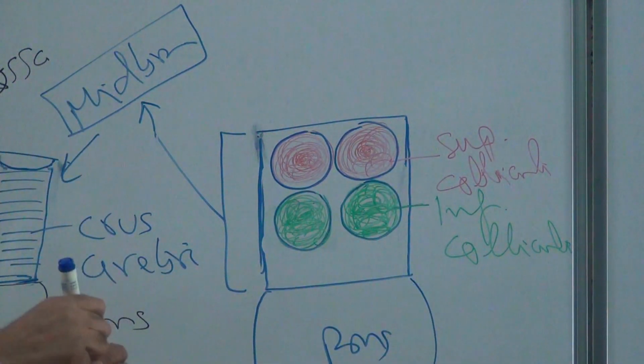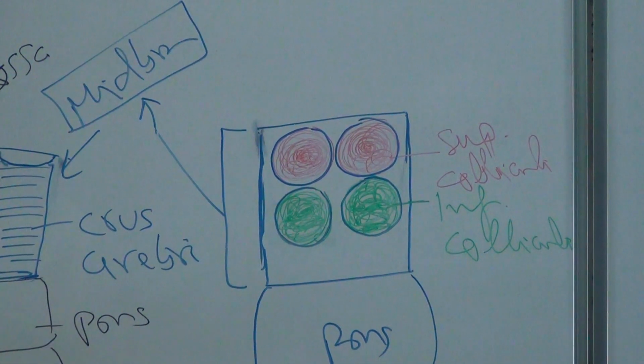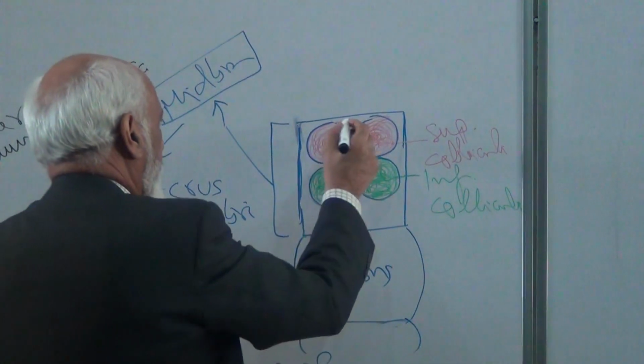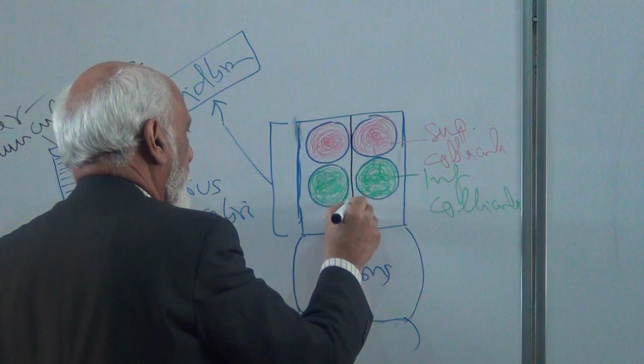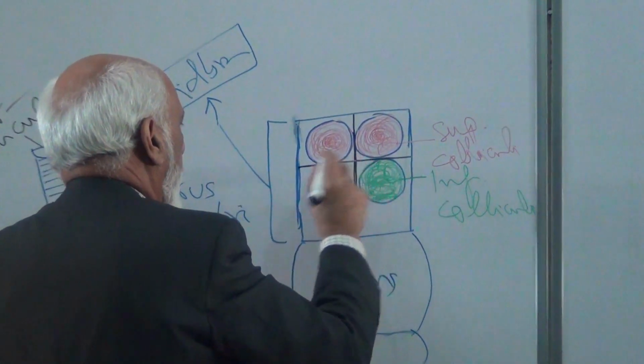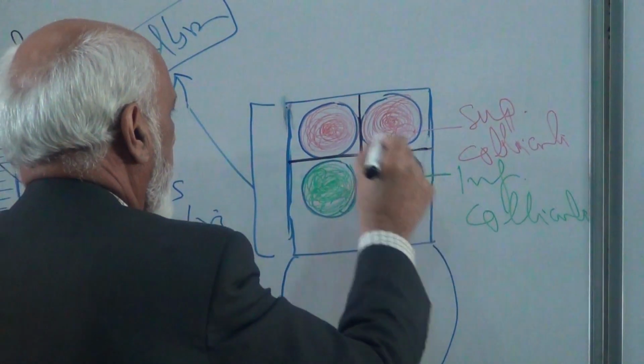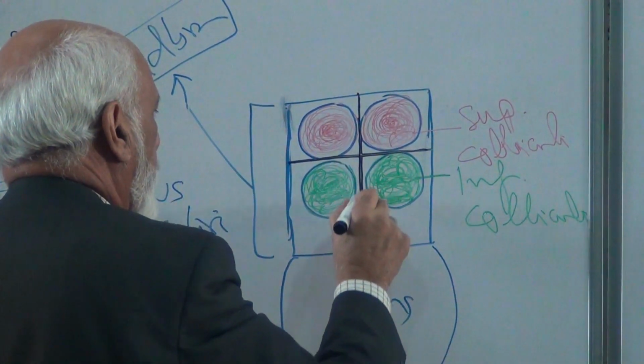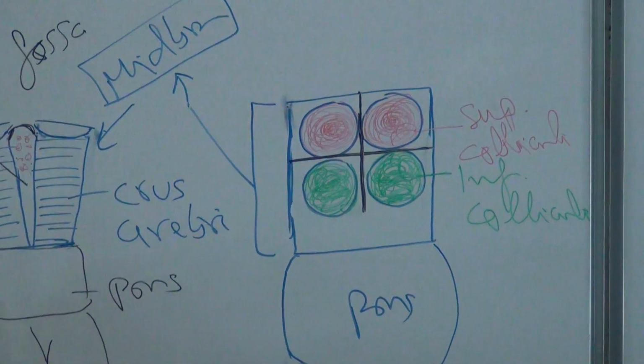And these 4 colliculi are separated from each other by a sulcus known as the cruciform sulcus. A horizontal part of the sulcus and a vertical part which cross, therefore it's called cruciform sulcus.